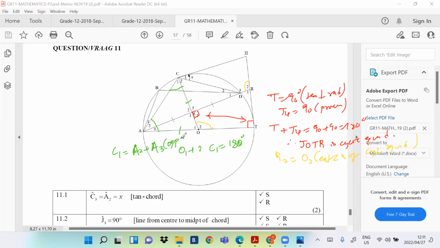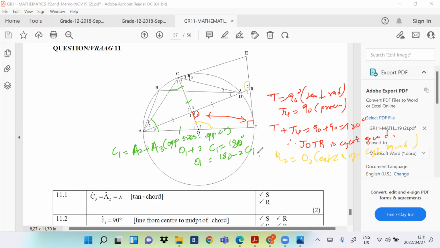Because opposite equal sides give equal angles, right? Are you guys still with me? I'm adding the angles in a triangle. So O1 plus C1 plus that, but C1 is that angle. So O1 plus 2C1. Therefore, O1 is 180 minus 2C1.